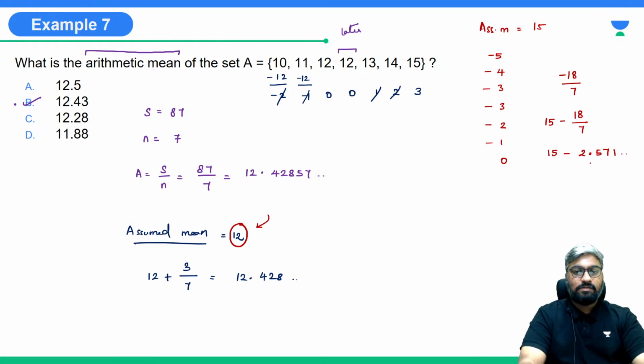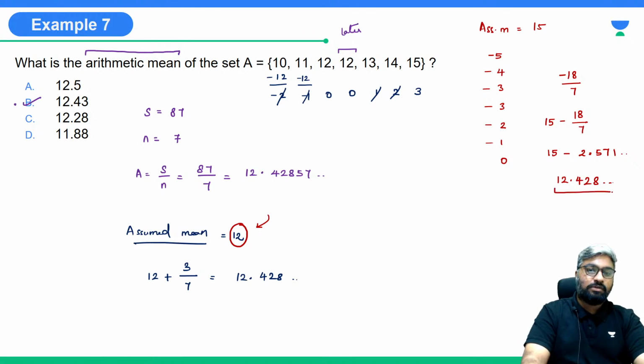Are you getting this? So 15 minus 2.5 is 12.5, so this will become 12.428, so on. Same thing, just choosing the right kind of assumed mean. ठीक है, 12 लेते हो तो easily हो जाता है. If you take 15, you will have to add this up also, either which ways.